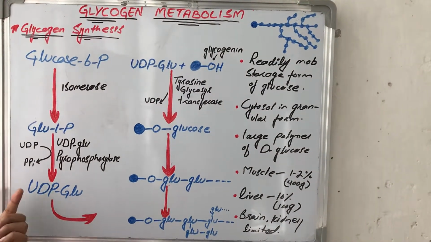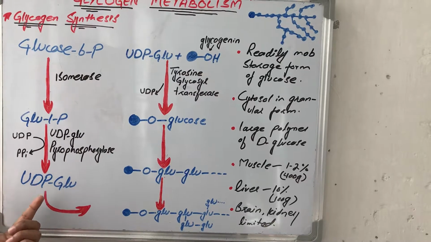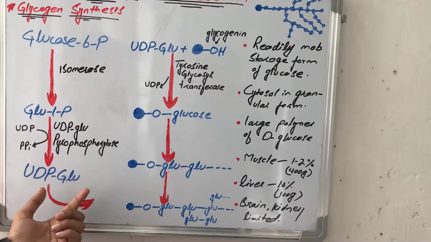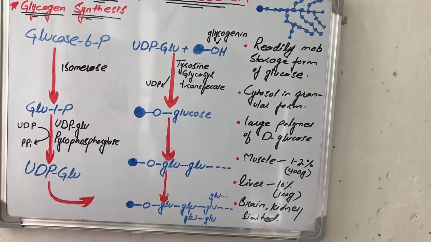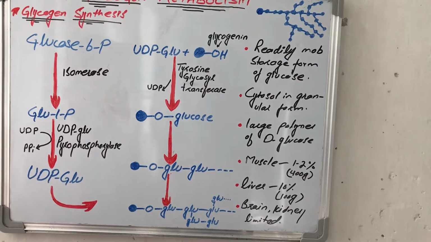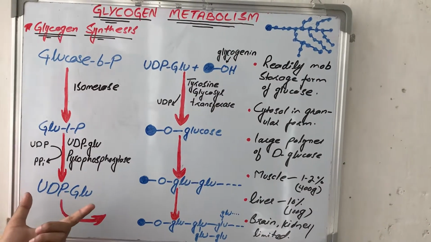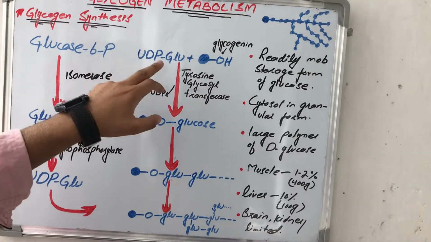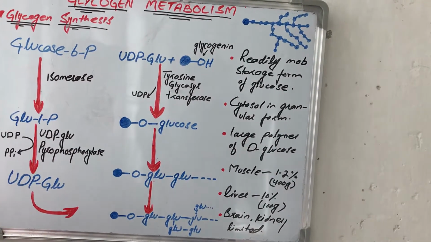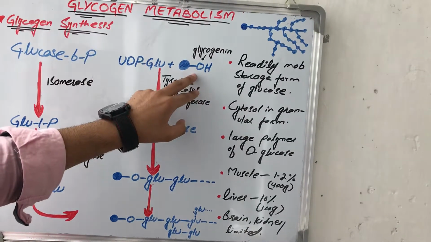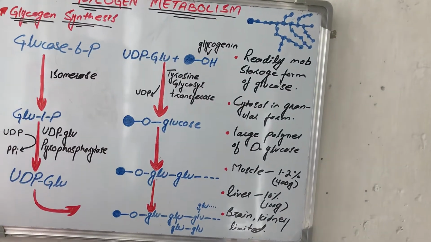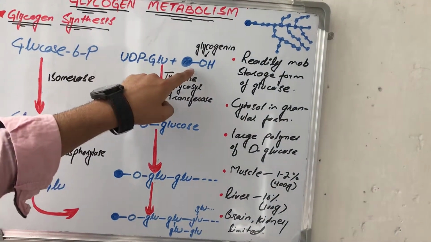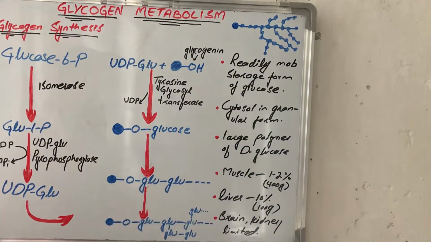This UDP, uridyl diphosphate, is added to the glucose, and this addition makes the glucose reactive and active. After the addition of UDP to glucose, the UDP-glucose is added to another compound called glycogenin.